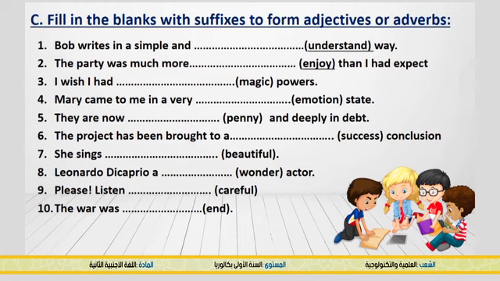Let's answer this exercise together. Number 1, Bob writes in a simple and understandable way. Very good, understandable way. So the way he writes is understandable. The manner is understandable. The technique is understandable.